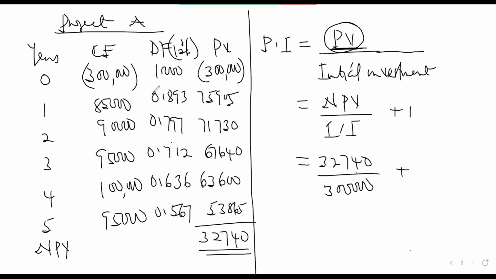Then you add the answer to 1. What are we getting for this one? You're getting 1.11. I confirm. Okay.